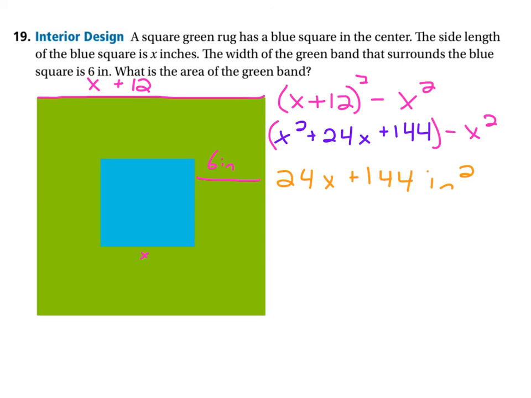Yep. So if we were able to plug in some number x that we knew was the length of the side of the blue square, then we could calculate what's left for the green. Let's just box that answer.